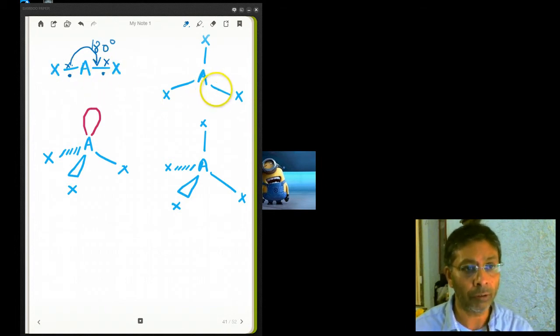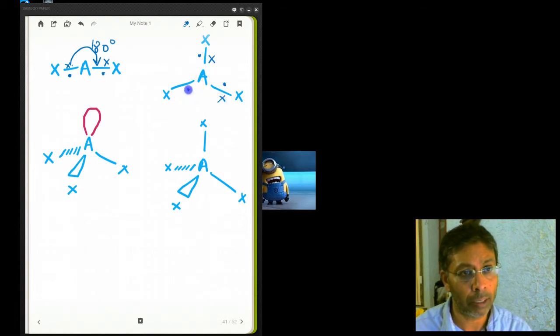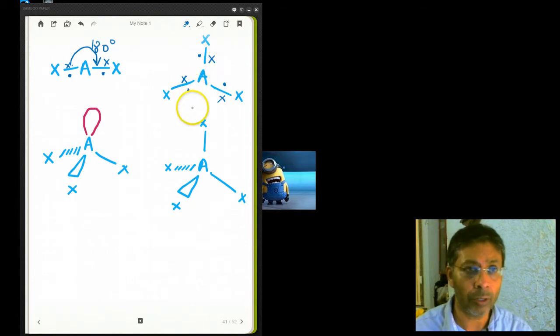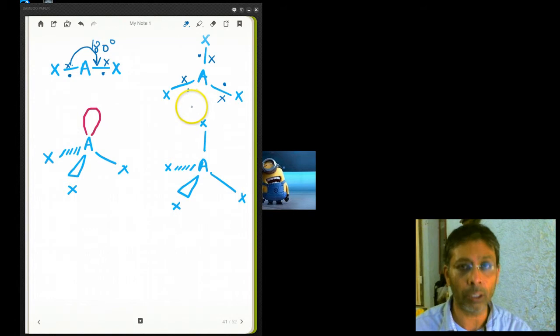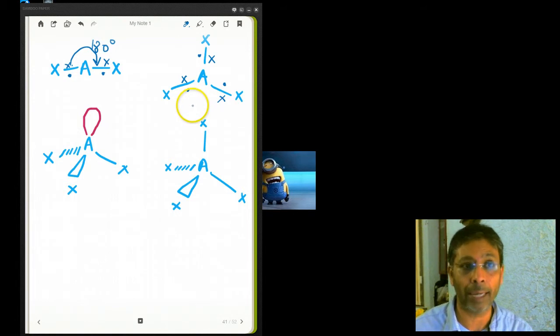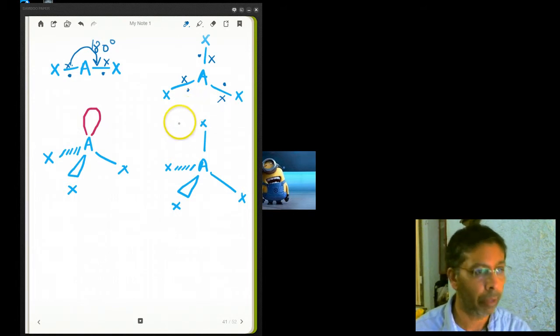Then we come on to 3 electron regions. Here we have the electron pairs in the bonds. So we've got 1, 2, 3 electron regions, and it's going to be a flat molecule and trigonal. Hence, you can call it trigonal flat or trigonal planar, to be more precise.